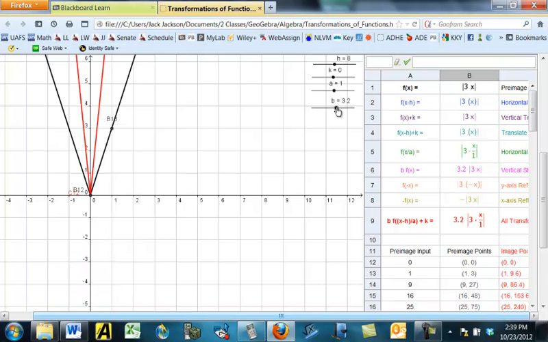If I were to switch this, I'm going to get a certain amount of stretch, but I could get a flip and a stretch by the negative. So think of the negative as being the flip, and the other part of the power as being the stretch.